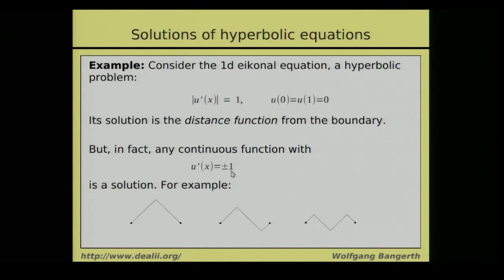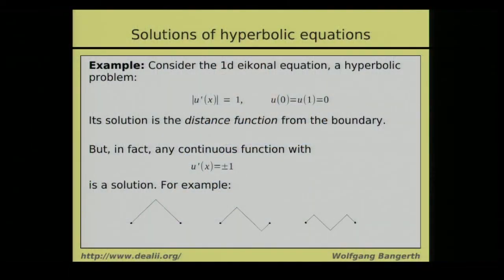It cannot jump, because otherwise it would not be continuously differentiable, right? So if u prime is equal to plus 1, then you cannot start at u of 0 equals 0 and end up at u of 1 equals 0. You would have a function that grows linearly, or if you choose the negative sign, a function that decays linearly, but it cannot satisfy both boundary conditions at once. So there cannot be a strong solution, but the one that I showed you is clearly a weak solution.